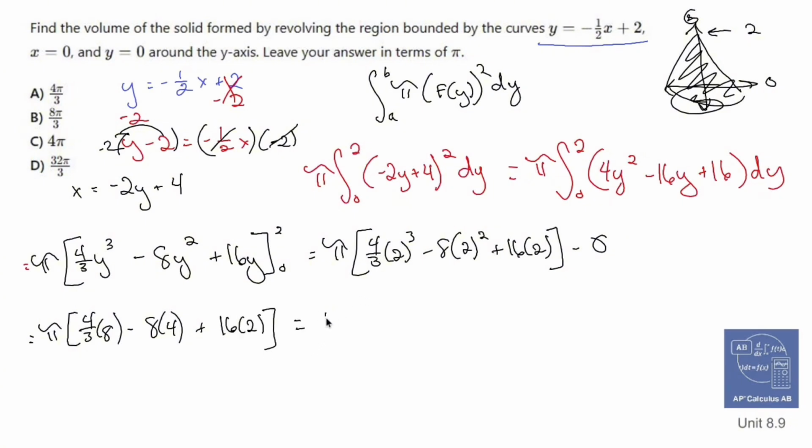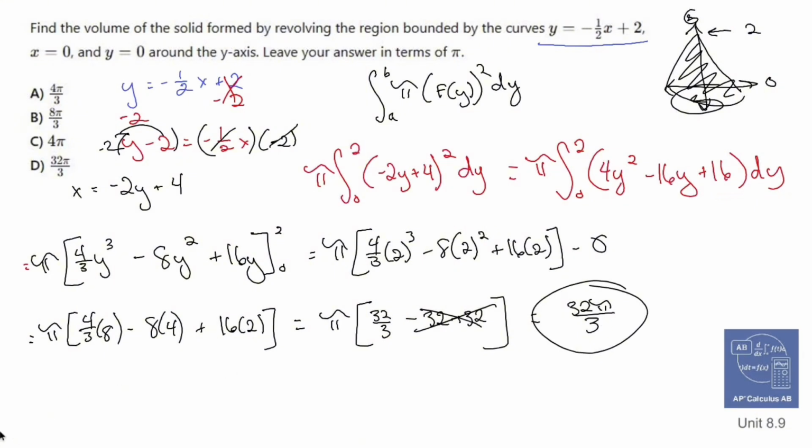So it becomes pi times 32 over 3 minus 32 plus 32, so those cancel out, and you become 32 pi over 3, which is D. Isn't that fun?